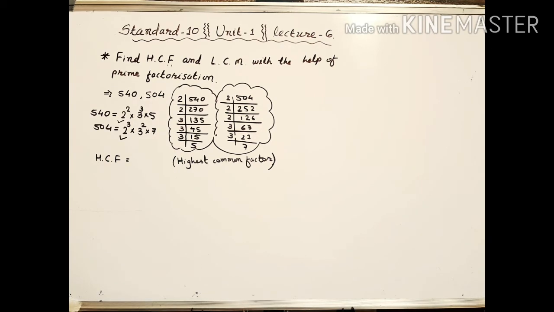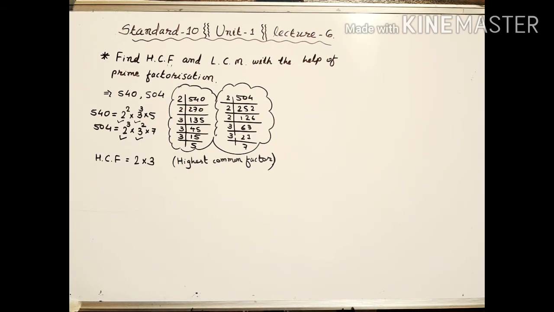Here we see 2 is a common factor in both of these integers' factors, and in the same way 3 is also common. So we write 2 and 3 as common factors.